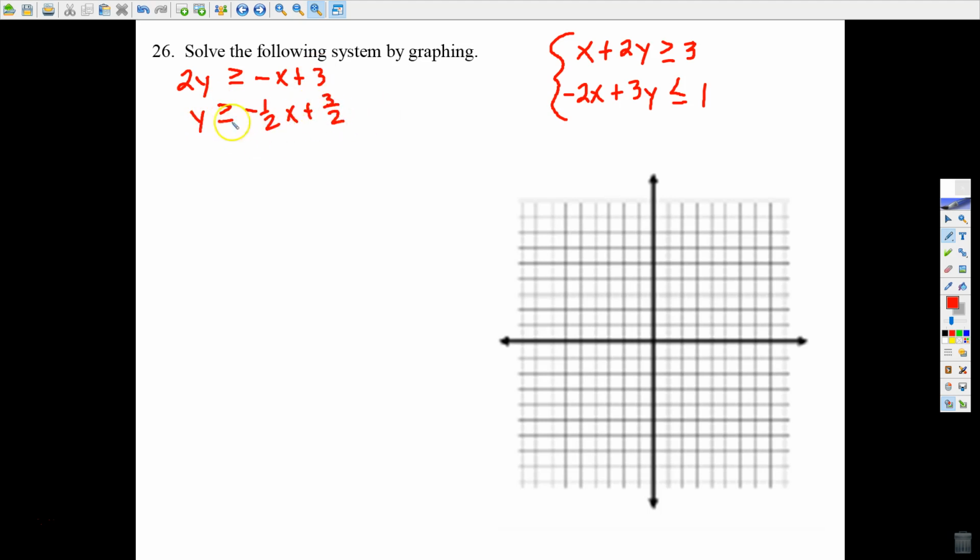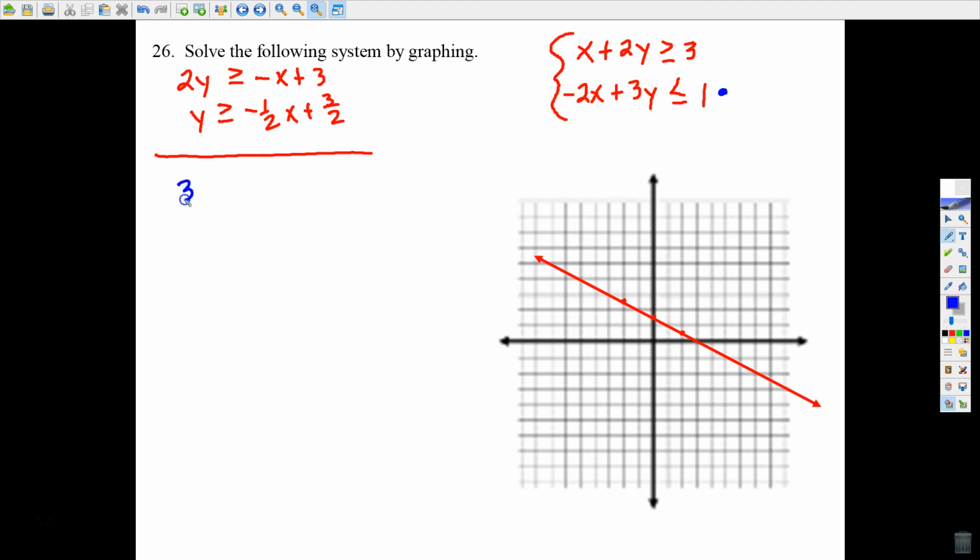Alright, let's go ahead and graph this boundary line. It has a y-intercept of 1.5 and a slope of negative 1/2. And since it says or equal to, that's going to be a solid boundary line. Okay, now let's do this one in blue.